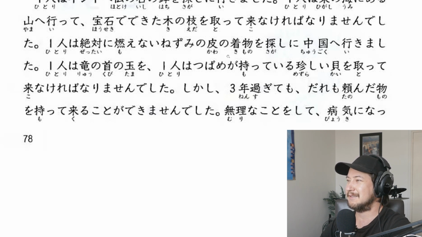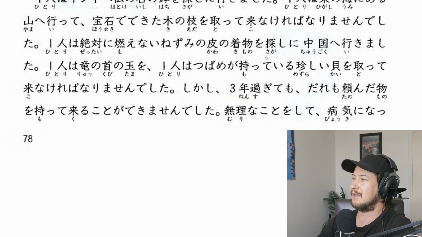And from this skin there was a kimono, something you wear, clothes. And in order to search for that, 探しに, 中国へ行きました, went to China.